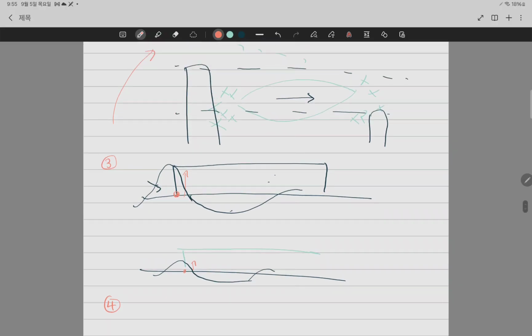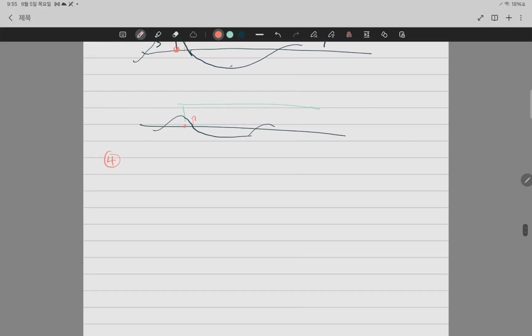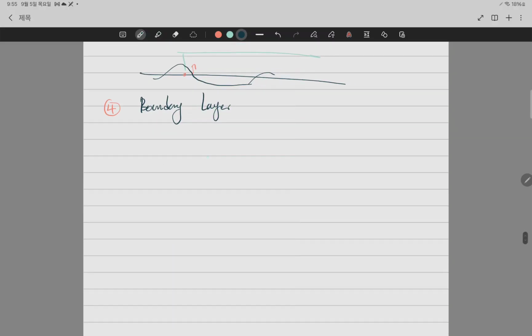The fourth benefit of having these kind of beautiful shapes is actually the boundary layer. Now, this is a concept that around an object, the velocity of the fluid is 0. And then the velocity here would be 0 plus something.